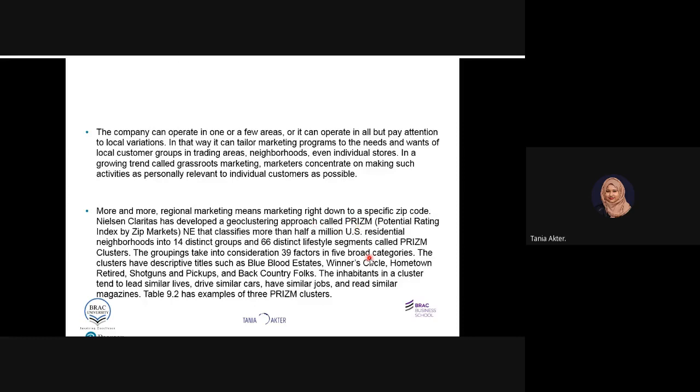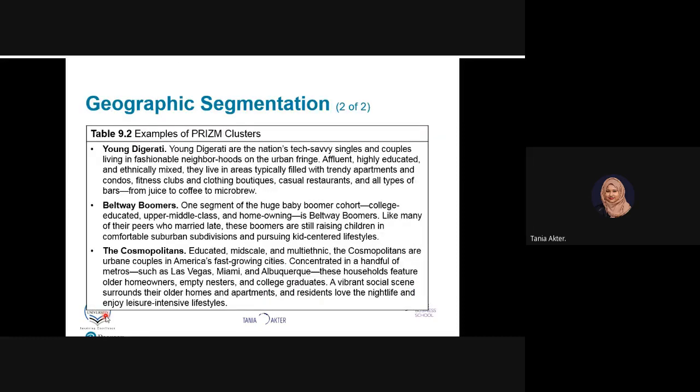In the US, they have classified all US residential neighborhoods into 14 distinct groups and 66 lifestyle segments called Prizm clusters. It's a very well detailed and specifically designed cluster in terms of zip code, and it tells you the characteristics of people in a particular zip code.